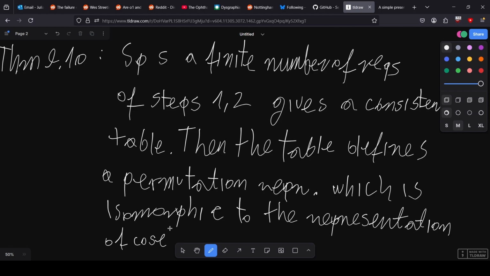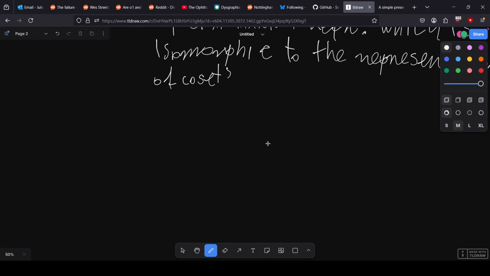This is the ultimate goal here. But we will need two lemmas very quickly to be able to actually do this. We will go into them as needed.